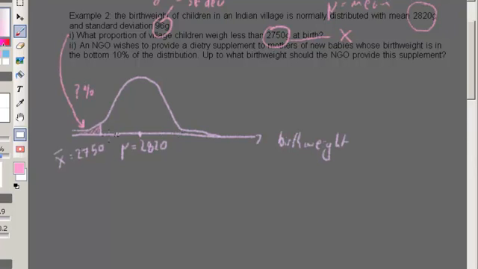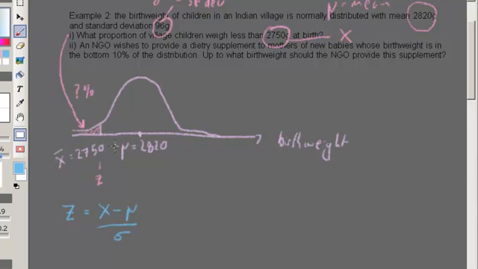And because this is normal, we can just look it up in normal tables or on a computer using Excel, as long as we know the z-score, which is the number of standard deviations we are away from the mean. So we need to convert that into a z-score. And, well, we've got a formula for z-scores, which is z is the number you're interested in, subtract the mean, over the standard deviation.